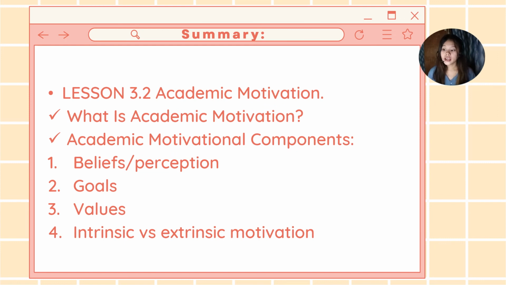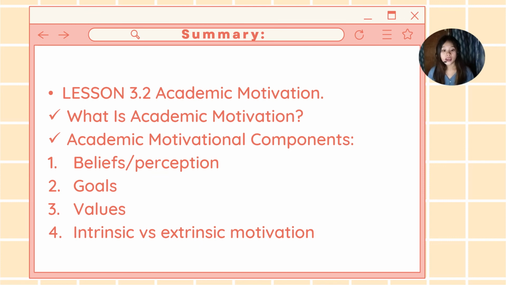Next is lesson 3.2, academic motivation. So what is academic motivation? It refers to the cause of behaviors that are in some way related to academic functioning and success, such as how much effort students put forth, how effectively they regulate their work, which endeavors they choose to pursue, and how persistent they are when faced with obstacles.